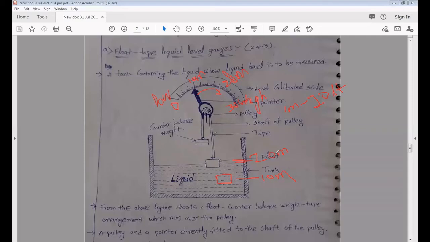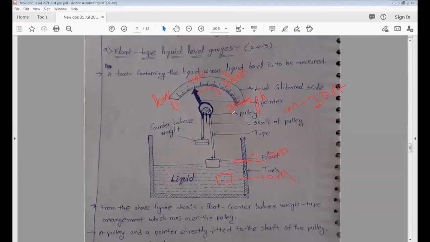For 20 meters, 20 into 20 is 400 liters in that particular tank. So this is the actual procedure for this particular topic.